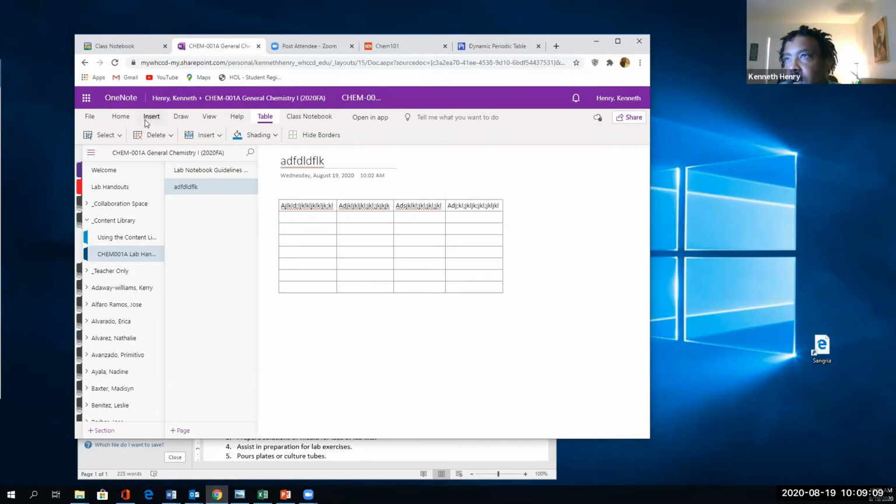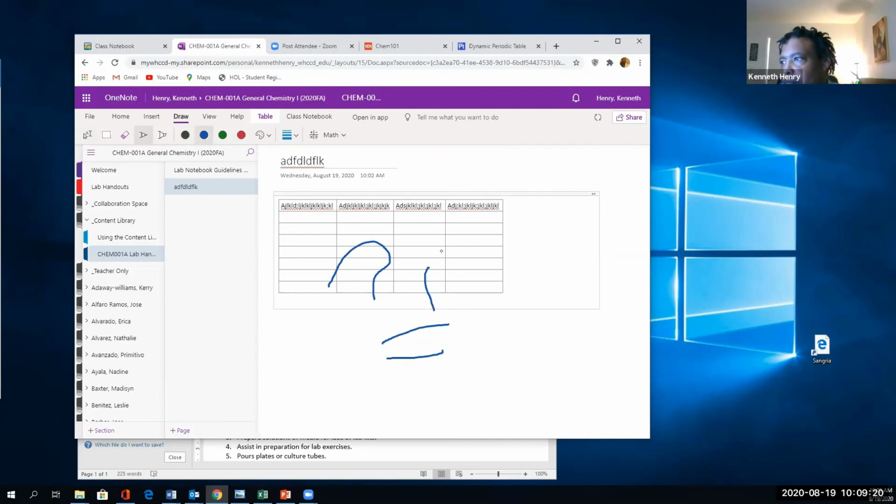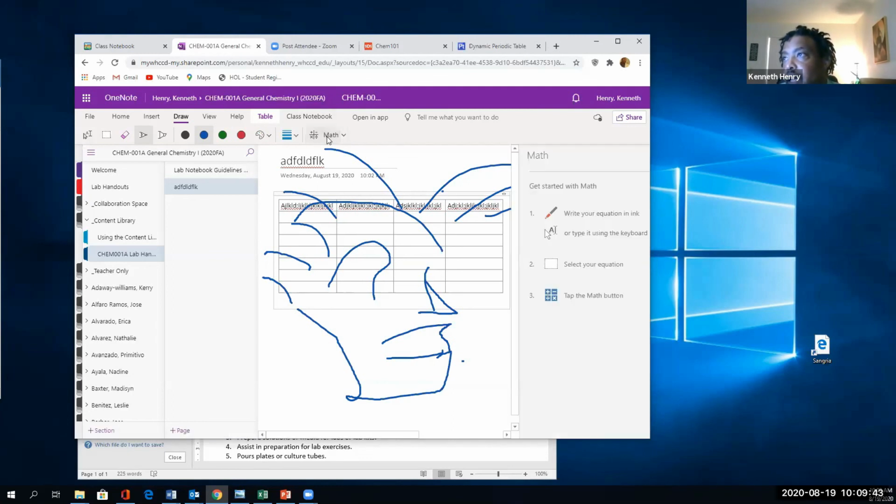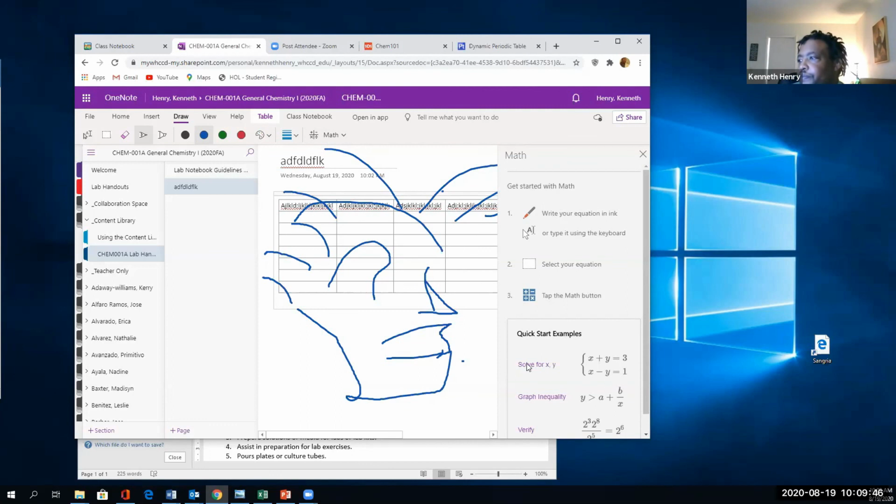And let's say you want to draw something. You can actually draw on it as well. And let's say you want to do some equations here.